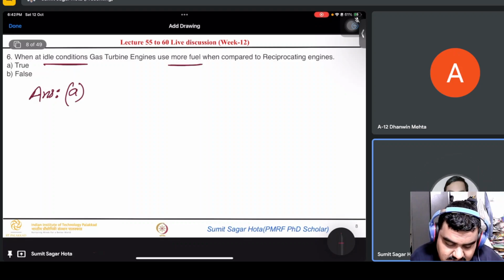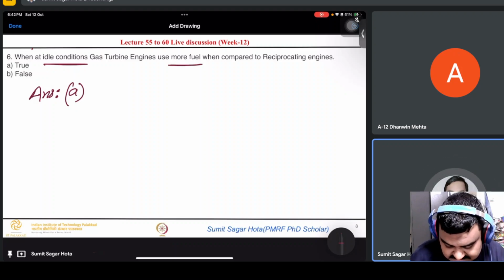If they say more fuel, that depends on the efficiency. In general, in idle condition both require less fuel, but when there is a comparison, efficiency comes into existence and the gas turbine requires more fuel, because it is less efficient.